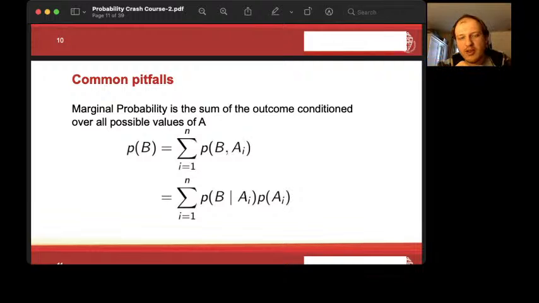So the example was, I think, with the defective devices from mobile phones. So you always need to sum up over all possible cases.